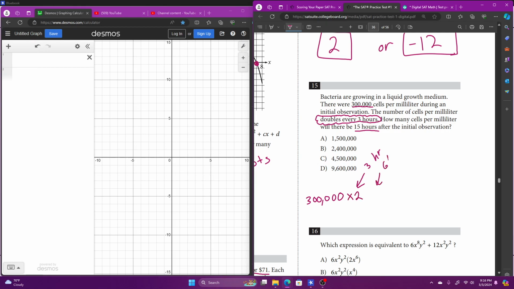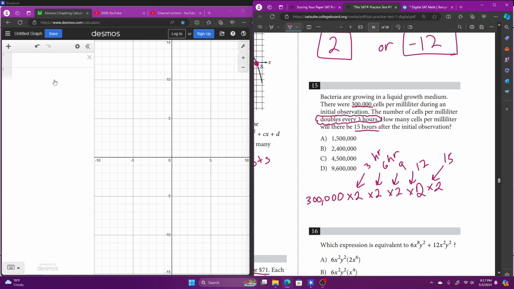And then at the 6 hour mark, it's going to double. So we got to multiply by 2. The 9 hour mark, the 12-hour mark, and the 15-hour mark. So that's 1, 2, 3, 4, 5. We got to multiply by 2, 1, 2, 3, 4, 5 times.